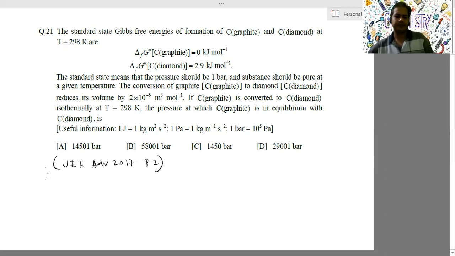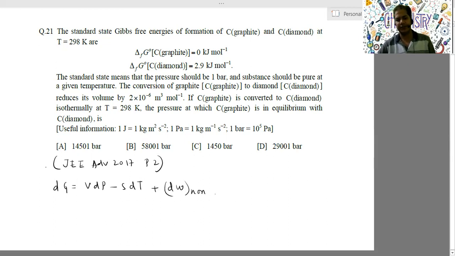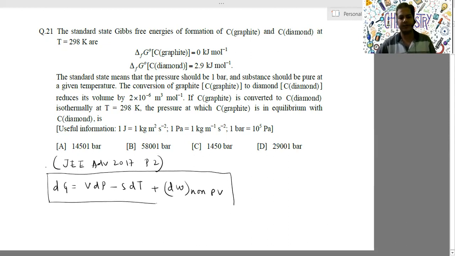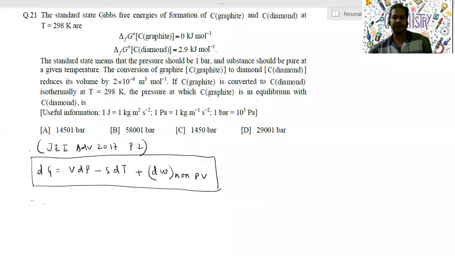We know that Gibbs free energy for a pure substance, dG, can be written as VdP minus SdT plus dW non-PV. We must have done this. The change in Gibbs energy can be written as dG is equal to VdP minus SdT plus dW non-PV.